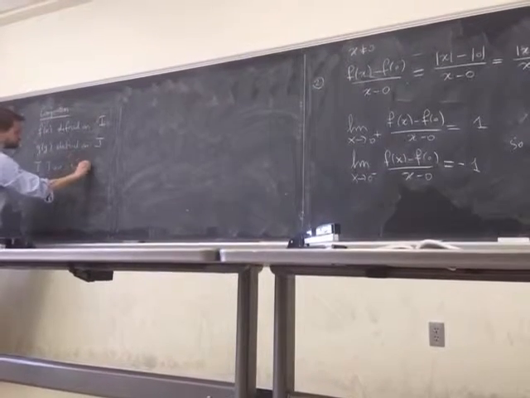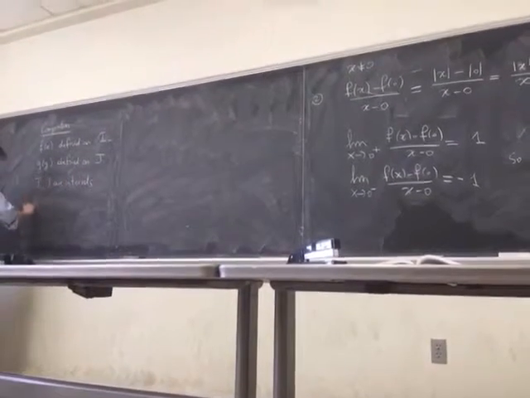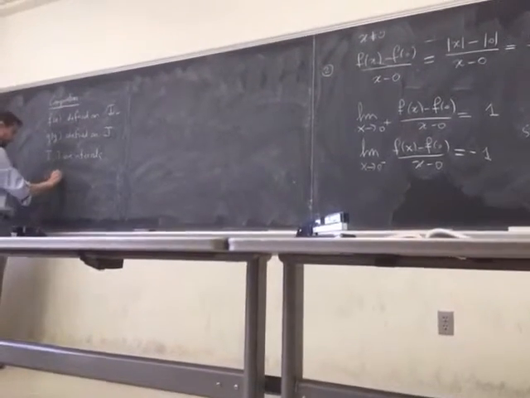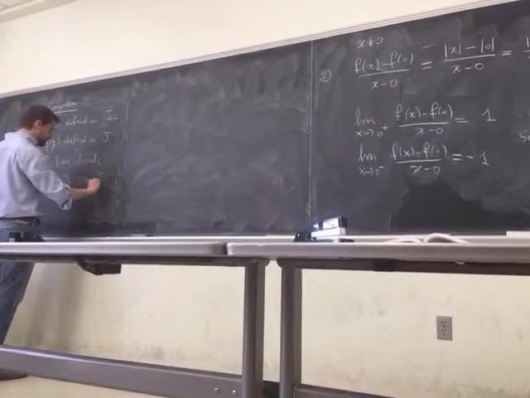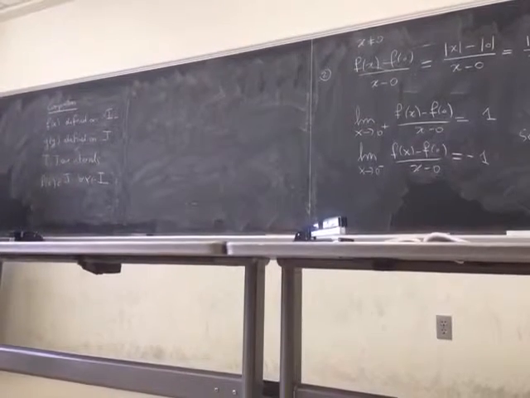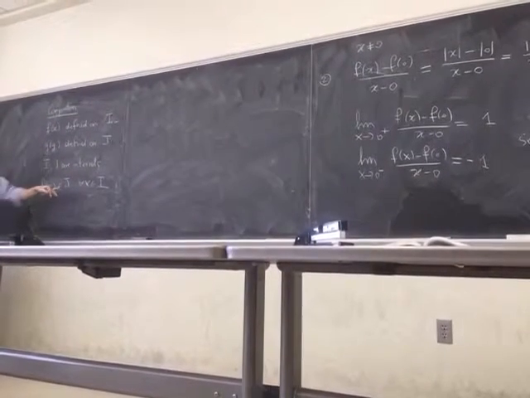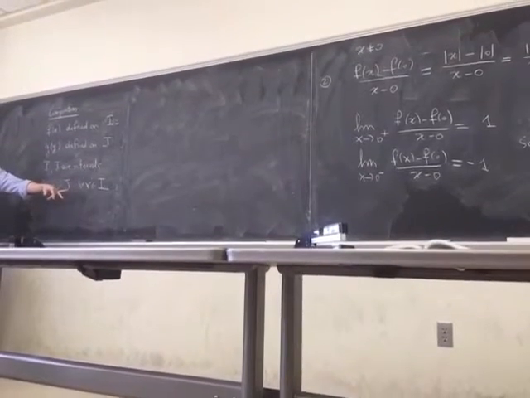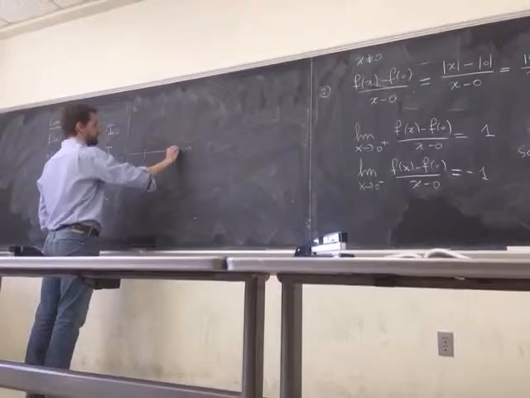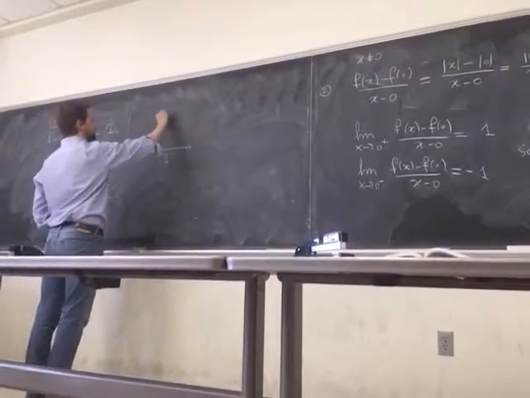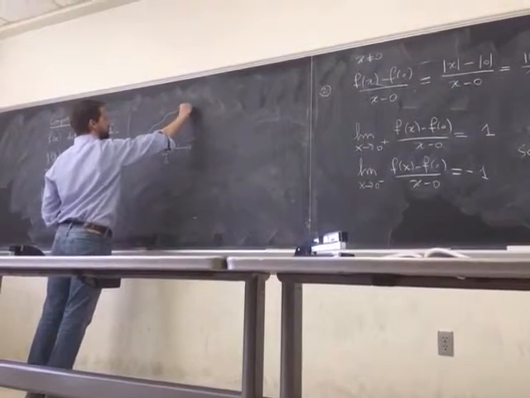Okay? And suppose we know that f of x belongs to J for every x in I. So whenever I compute the values of my function f on the interval I, I end up taking values in the interval J. So here is my interval I. This is f of x.